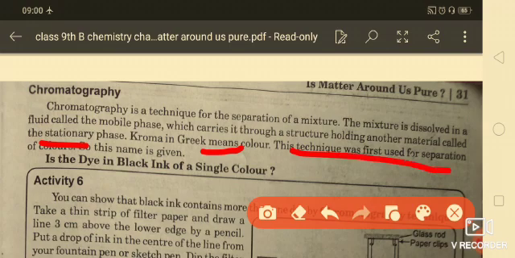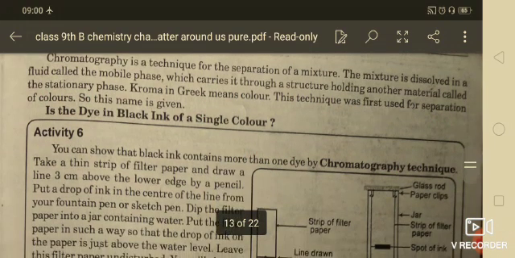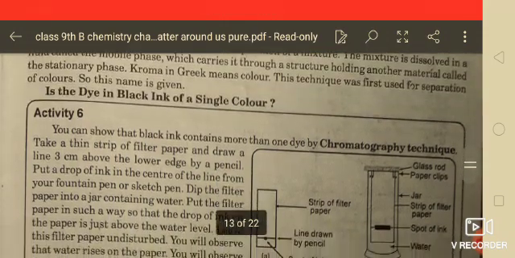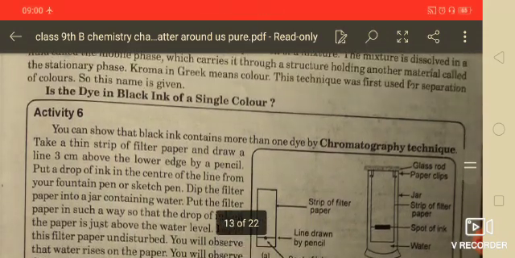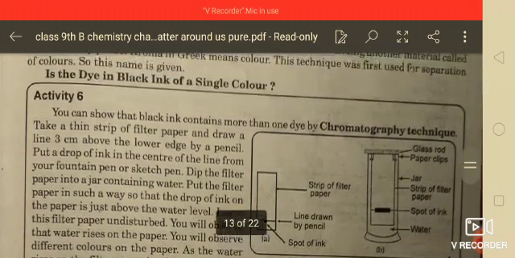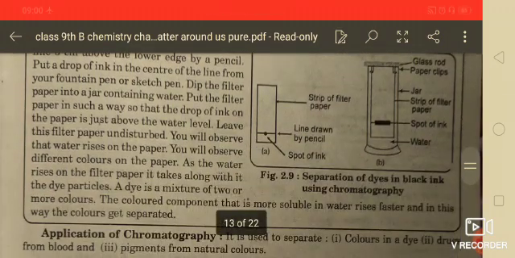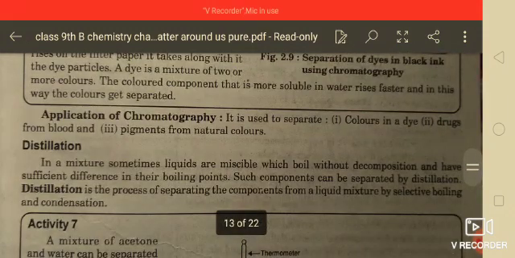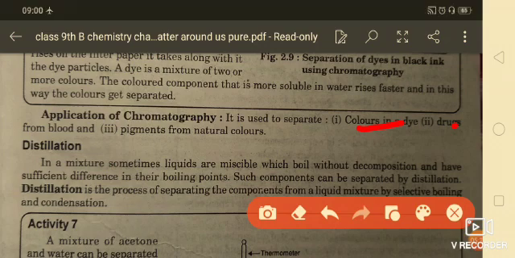This technique was first used for the separation of colors, so it is called chromatography. Now you are seeing here that the dye is black ink of a single color. You will prove it with the help of this example, and this activity is given here.